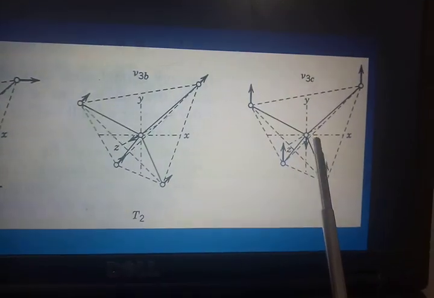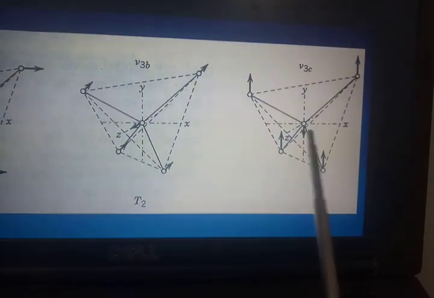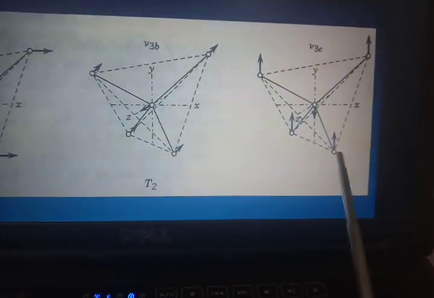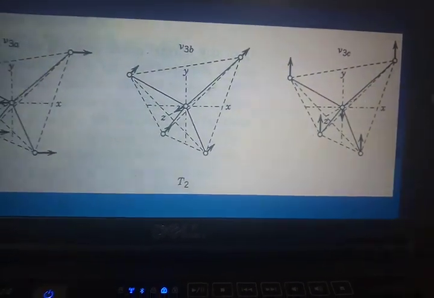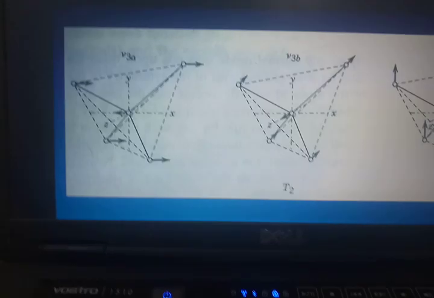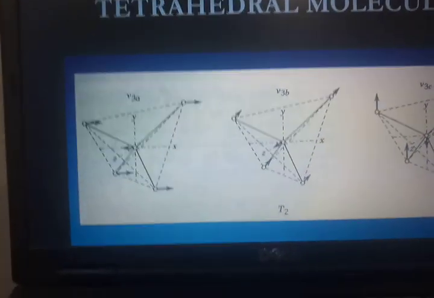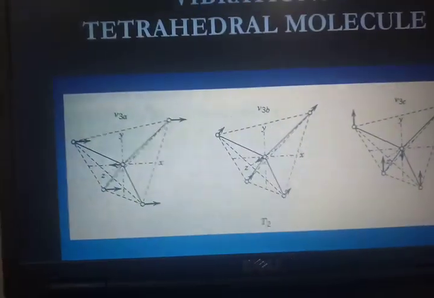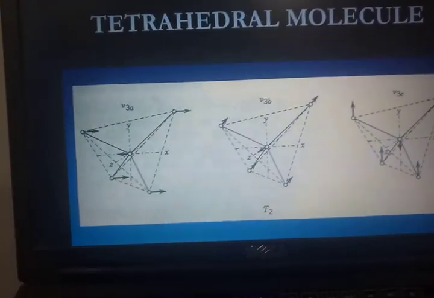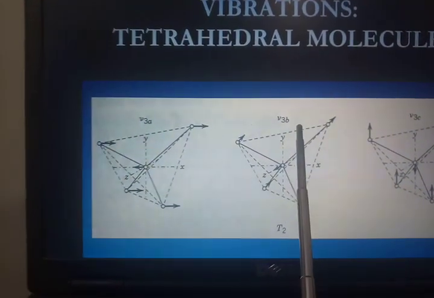Similarly, in the third mode, the central carbon atom is moving along the minus y coordinate, while the hydrogen atoms are moving along the plus y coordinate. So this type of motion is an unsymmetrical stretching, and due to unsymmetrical stretching, all these three modes will have equal energy, which will be designated by the symbol nu3.